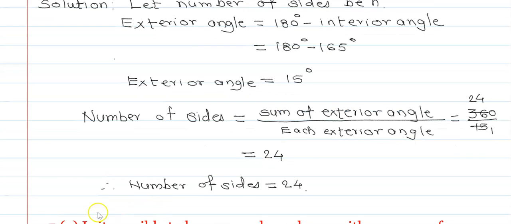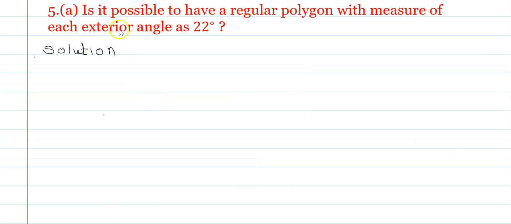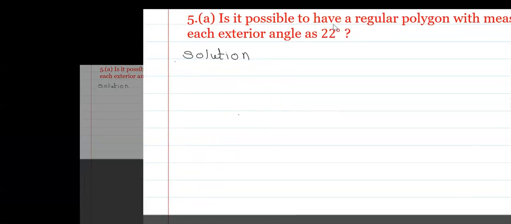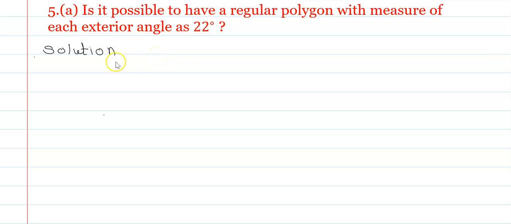Now the next question: is it possible to have a regular polygon with measure of each exterior angle 22?